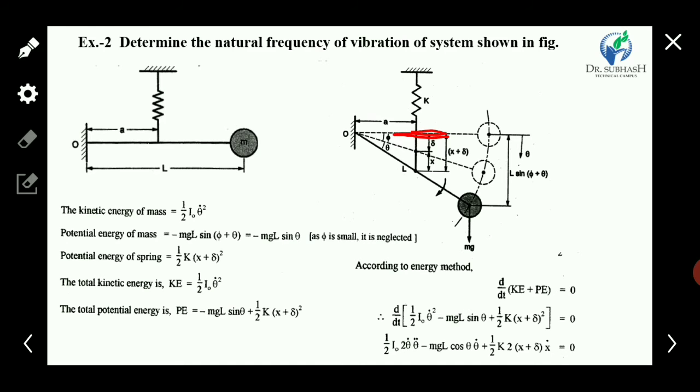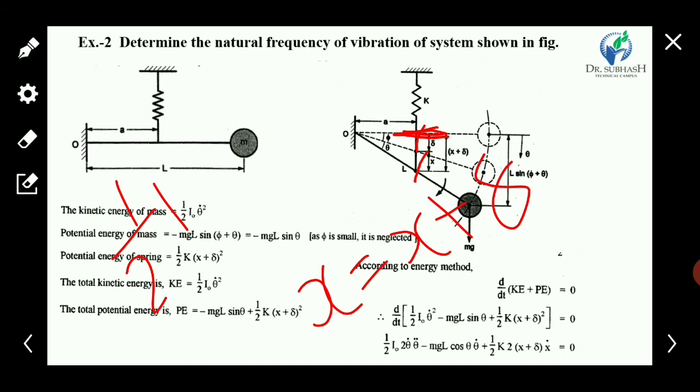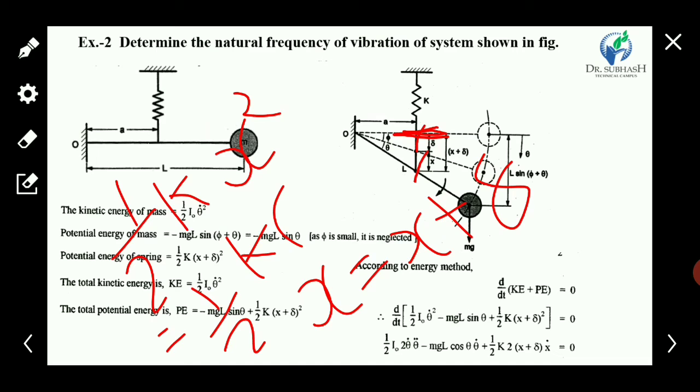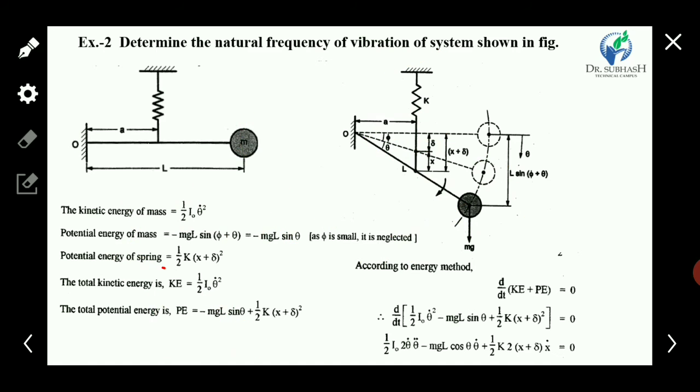Here is the original position of the spring. The first one is the deflection delta and the other one is the displacement x. So 1/2 k x square becomes 1/2 k times the bracket x plus delta, squared. So the potential energy of the spring is 1/2 k (x plus delta) square.